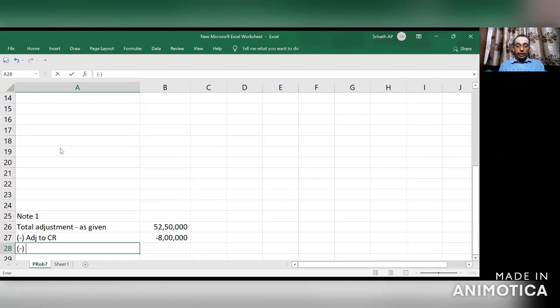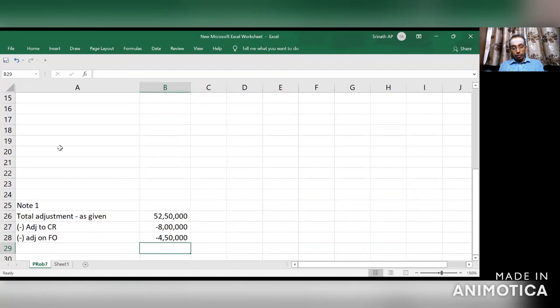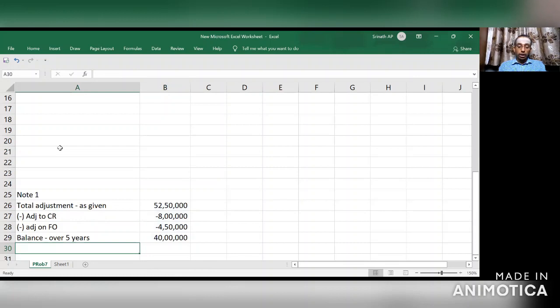Less adjustment on foreign operations, which again should not be included. So you have to reduce again. 52 lakh 50,000 minus 8 lakhs minus 4 lakh 50,000 will end up giving you 40 lakhs.